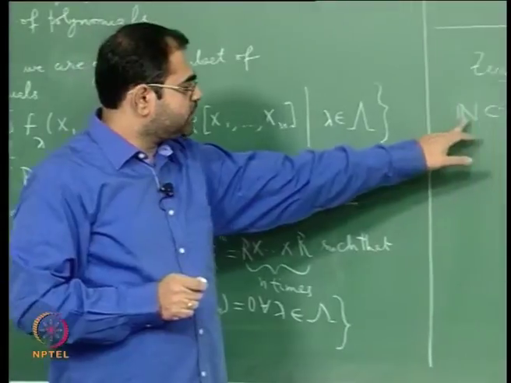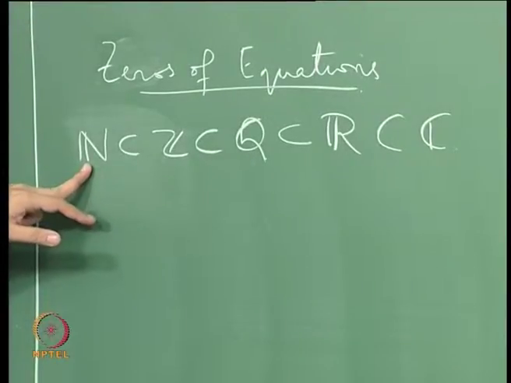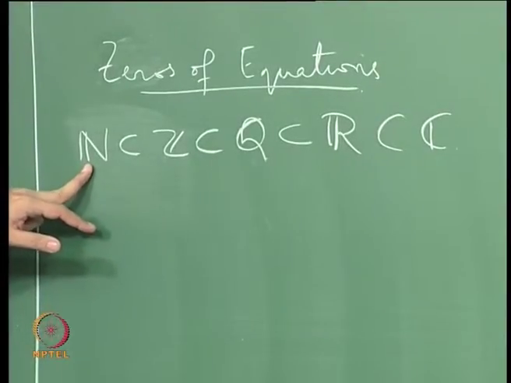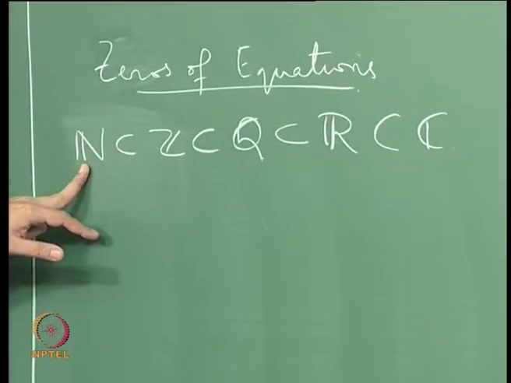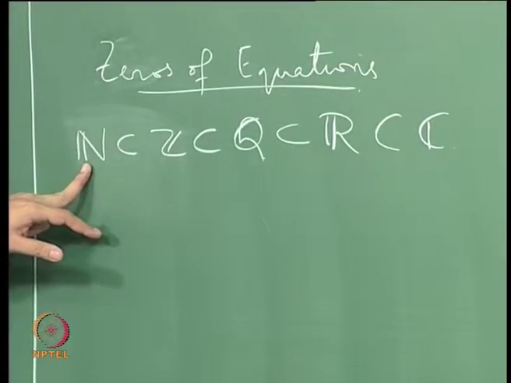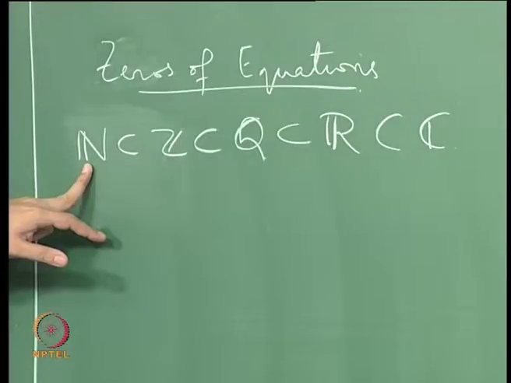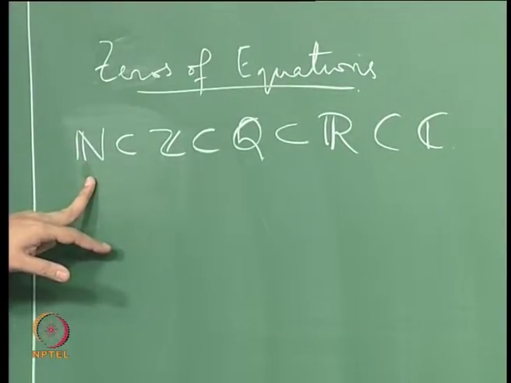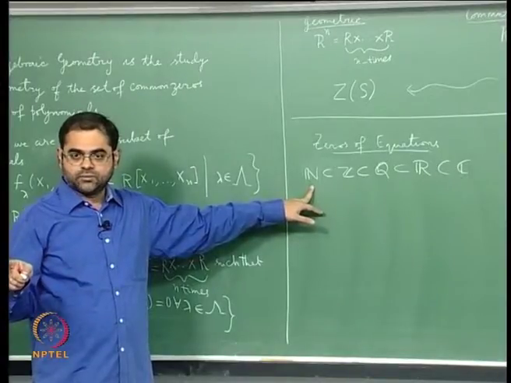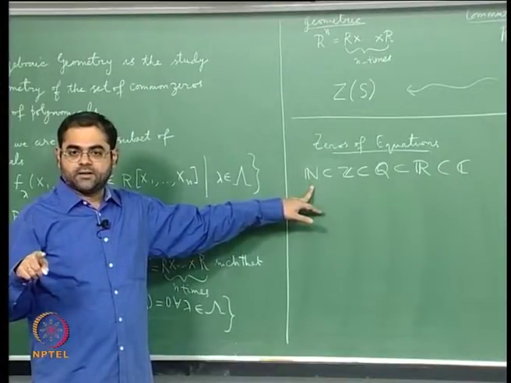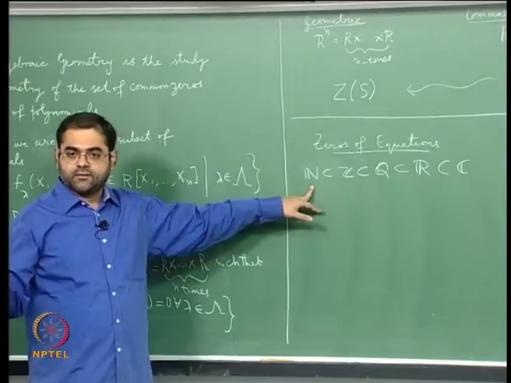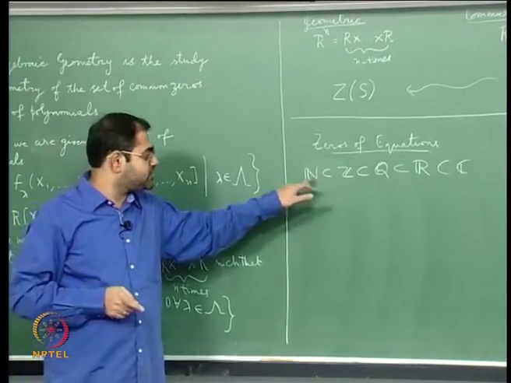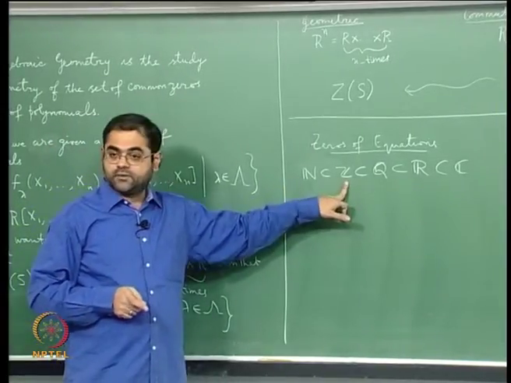So for example, the natural numbers, the counting numbers 1, 2, 3, 4, don't have 0, so an equation like x plus 1 equal to 1, which has a solution x equal to 0, will not have a solution here. An equation like x plus 2 equal to 1, which has solution x equal to minus 1, also doesn't have a solution here, so you are forced to go to integers.